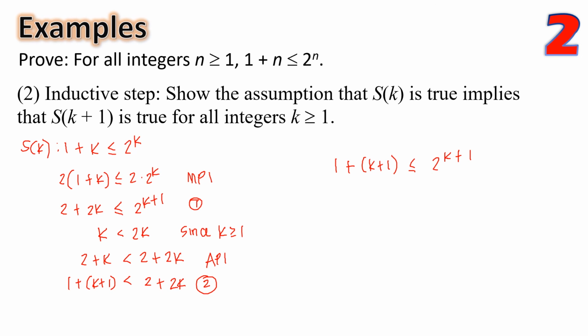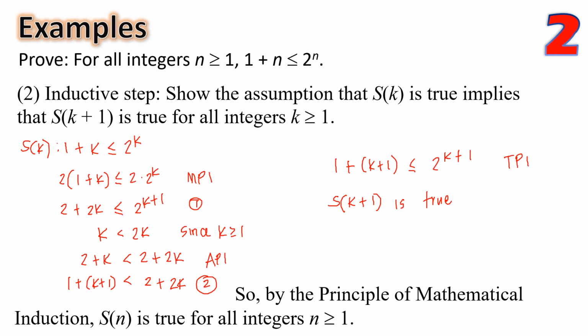This is by transitive property of inequality using statements 1 and 2. And notice that this is actually this statement when n is equal to k plus 1, or this is our S of k plus 1 is true. And this is from this statement S of k, which now implies that S of k plus 1 is true. So by the principle of mathematical induction, S of n is true for all integers n greater than or equal to 1.